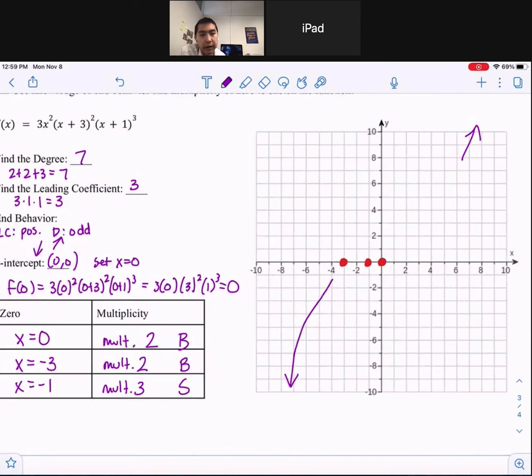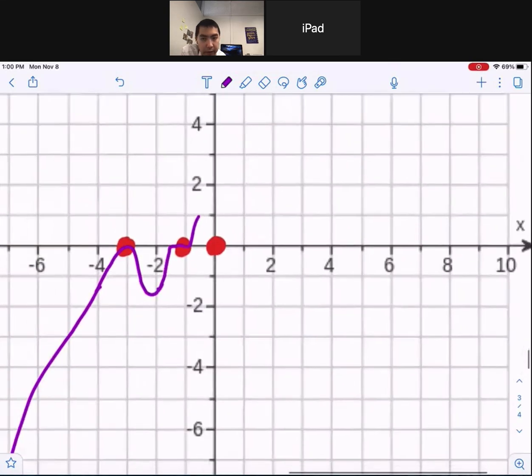Graphing, we are approaching x equals -3, so at x equals -3 it's a bounce. You're going to bounce off of that one. The next zero we're approaching is -1. It is a slide. So you're going to draw a horizontal line right at that zero. See? Horizontal line right at that zero.